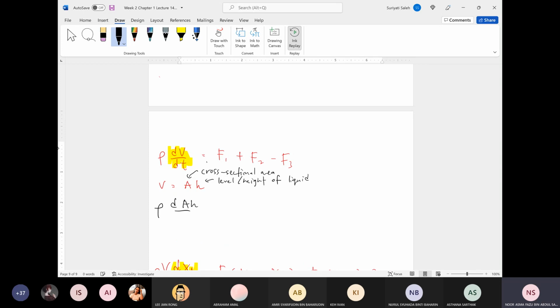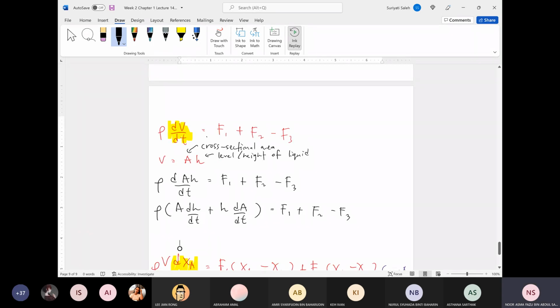d(rho AH) over dt equal to F1 plus F2 minus F3. Then this can be further expanded to become rho A dH over dt plus rho H dA over dt equal to F1 plus F2 minus F3.